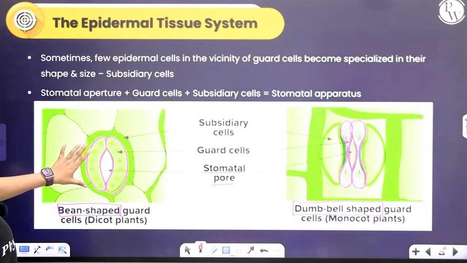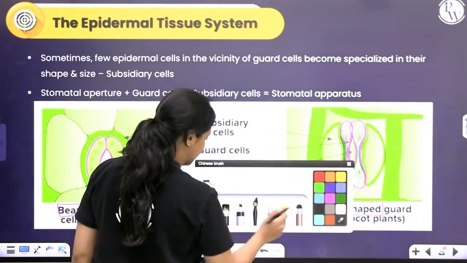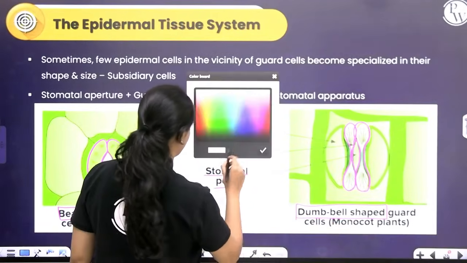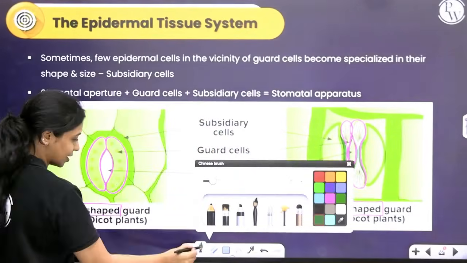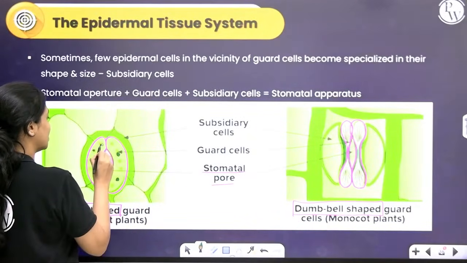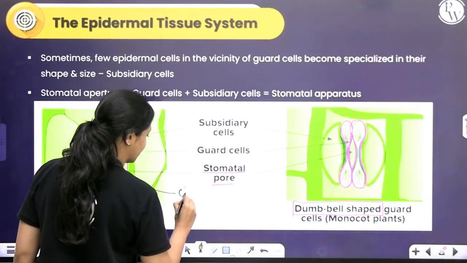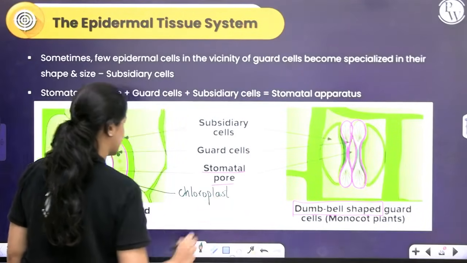Now, if you consider this guard cell, unlike most other epidermal cells, it contains chloroplast. So within the guard cells, you can find the presence of chloroplast. In other epidermal cells, you do not find chloroplast. That is one difference between other epidermal cells and the guard cells.